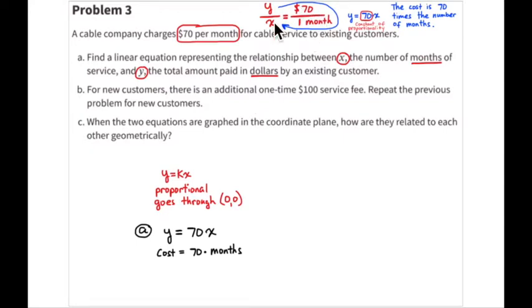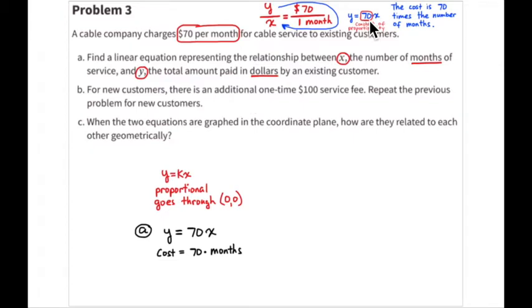So y over x, and that's k, that is the constant of proportionality. So notice that in this case, y is 70 times the number of months, or the units of x. So if it's 1 month, it's 70 times 1 month. If it's 2 months, it's 70 times 2 months. If it's 3 months, it's 70 times 3 months. So y is 70 times the number of months.